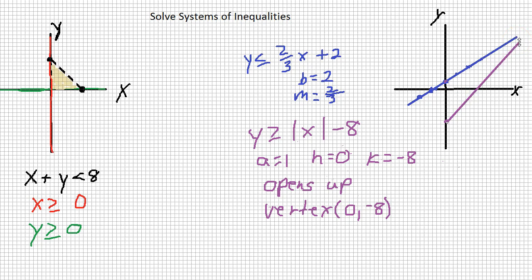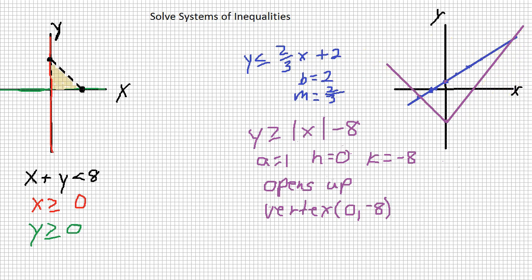Okay, let me make sure my slope here is right. Up 1 over 1, up 1 over 1. There we have it. And we do the same thing the opposite direction. Up 1 over 1. That looks pretty good right there.